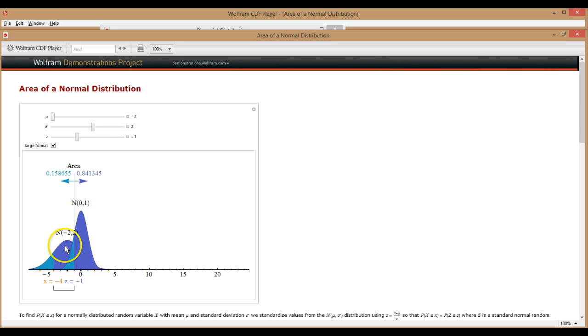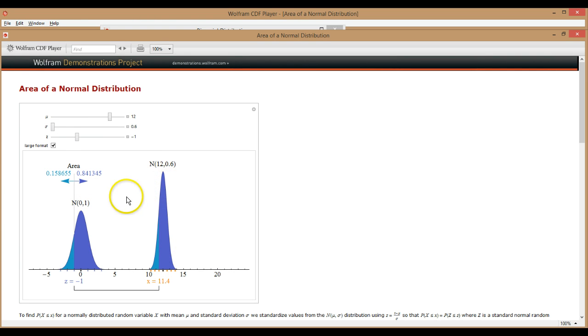So subtracting the mu part is shifting your center. And say that your sigma was 0.6, then this is too narrow, too steep, so you would have to divide by 0.6 and make it a little wider. So dividing by the standard deviation changes your spread.